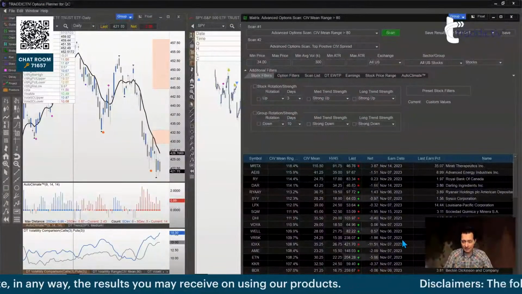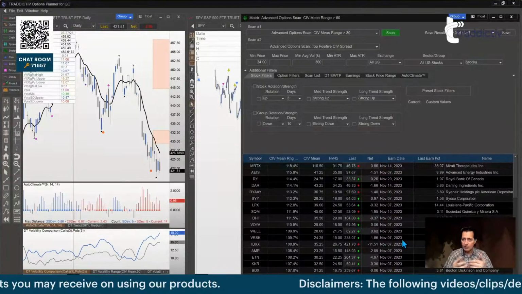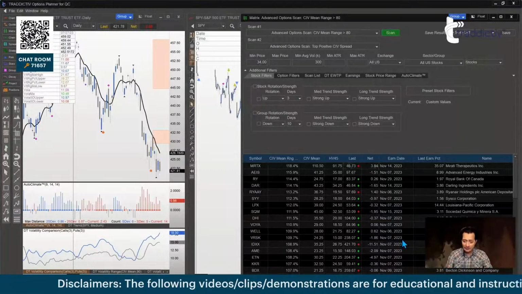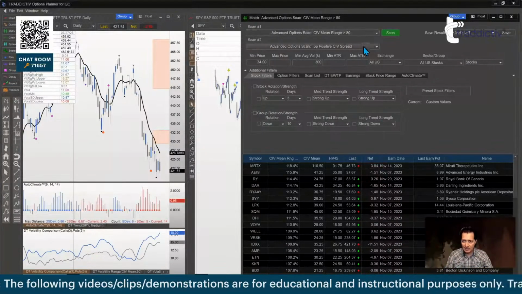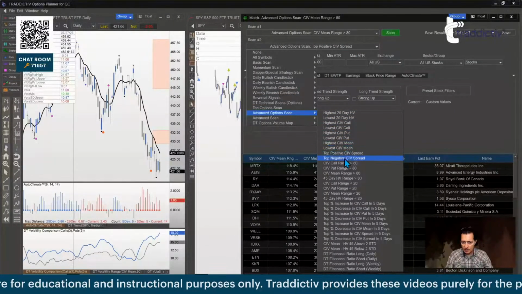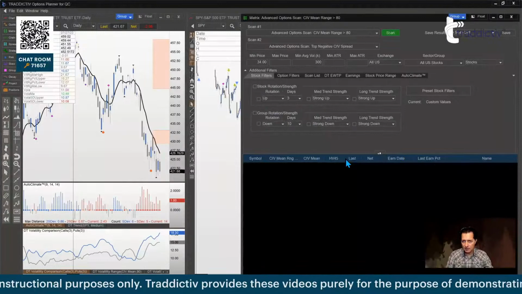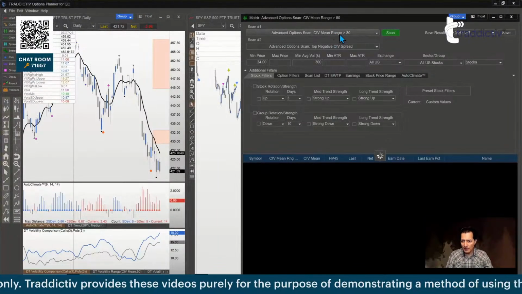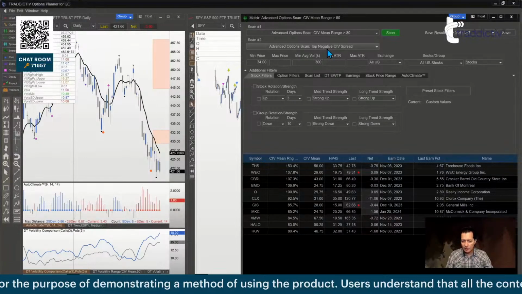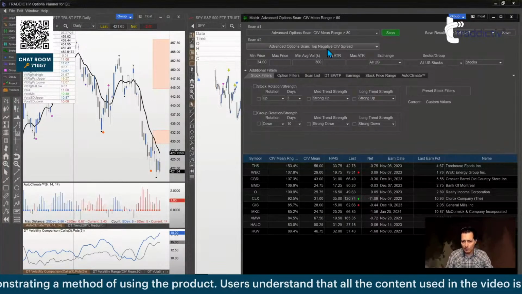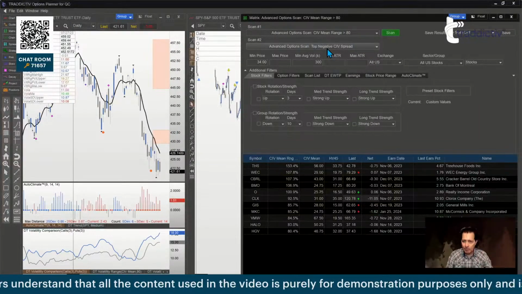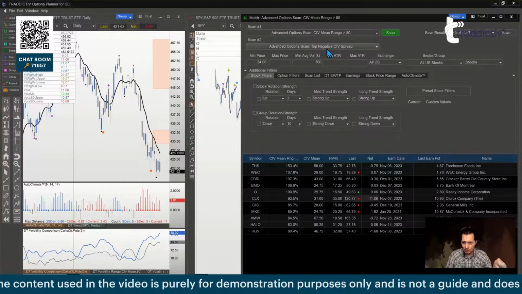If instead of looking for credit bullish, I look for credit bearish, you guessed it, on the second component, I'm going to go for negative CIV spread. So I still want my options to be expensive, but now I want negativity when it comes to the implied volatility of the puts compared to the implied volatility of the calls. So that means that there is a bearish bias built in the options prices.